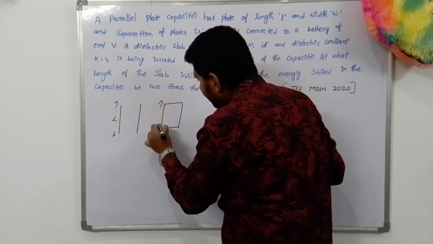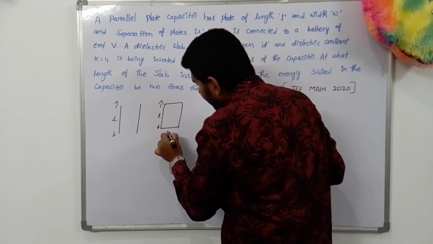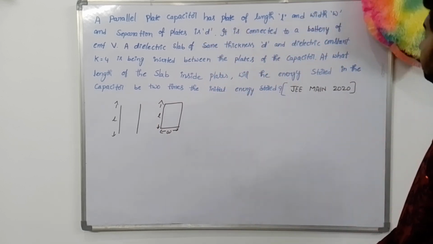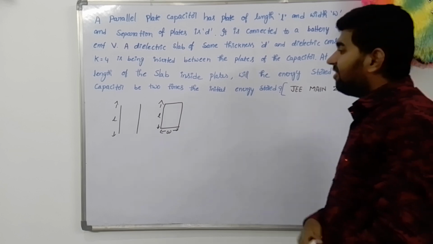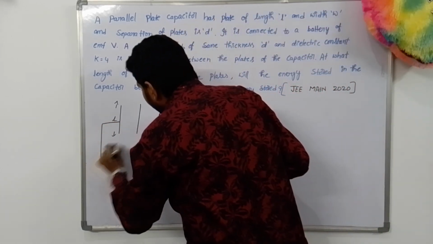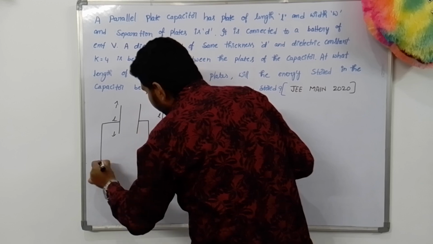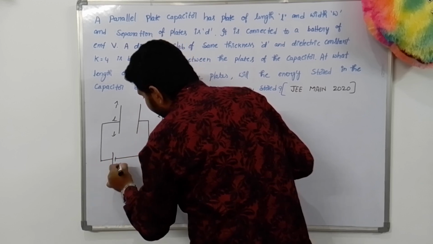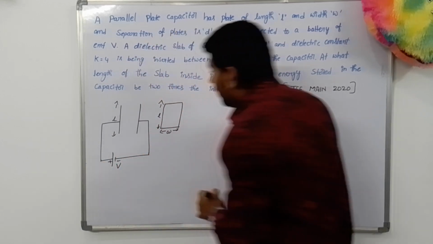Here the length is L, here you can see the width W, and it is connected to a battery of EMF V. If these plates are connected to a battery of EMF V, till now it is clear.